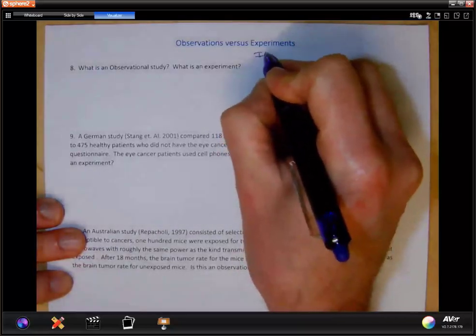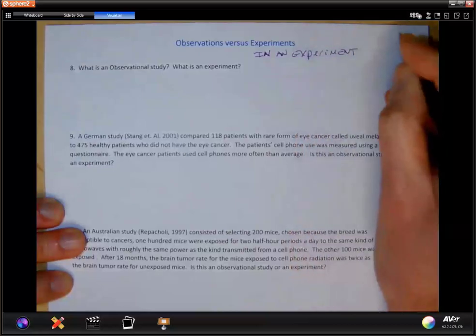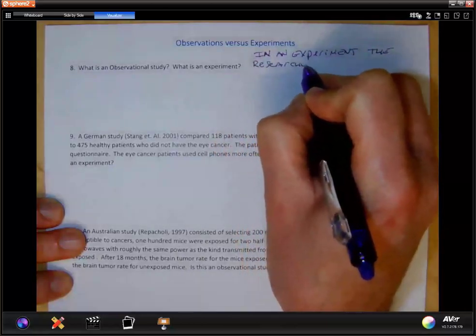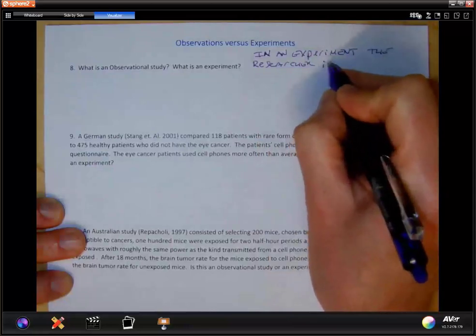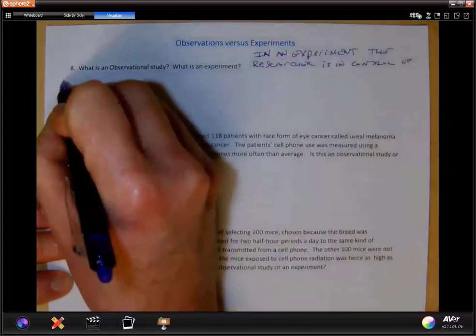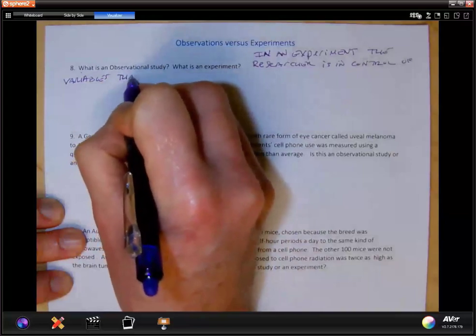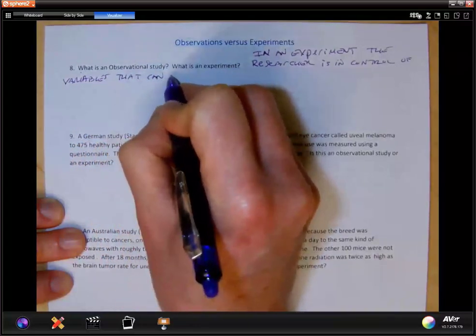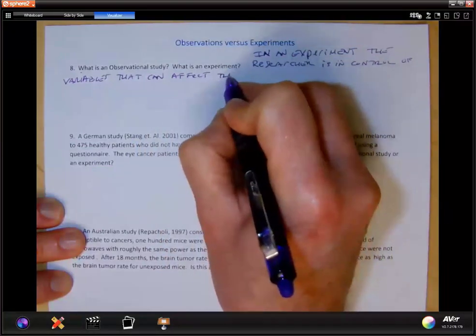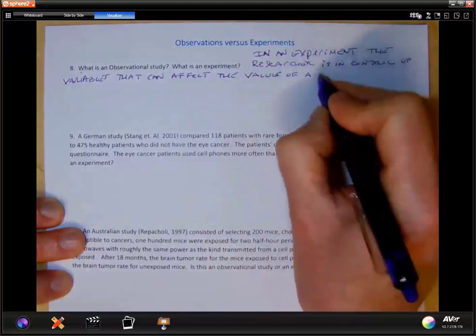In an experiment, the researcher is in control of certain variables that can potentially give you a value of a variable being measured.